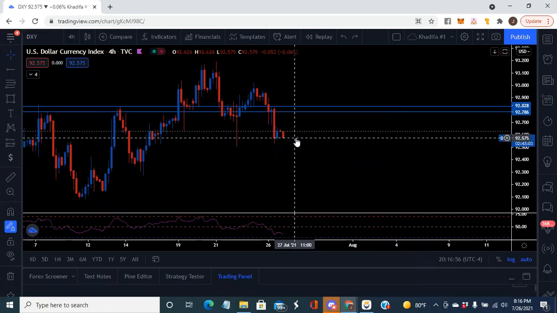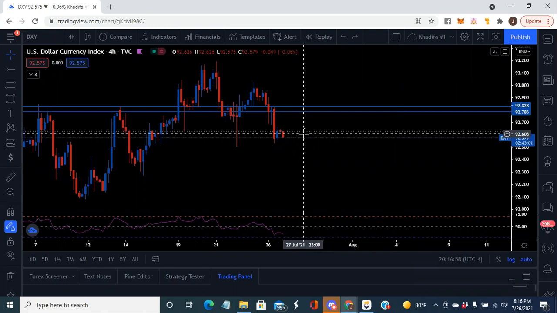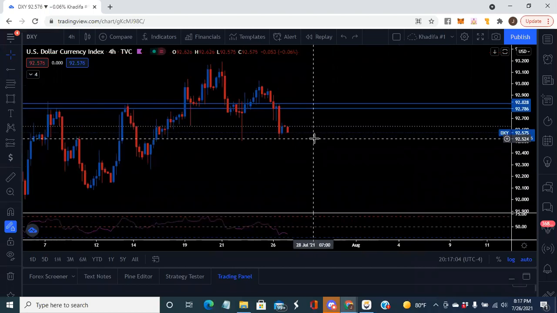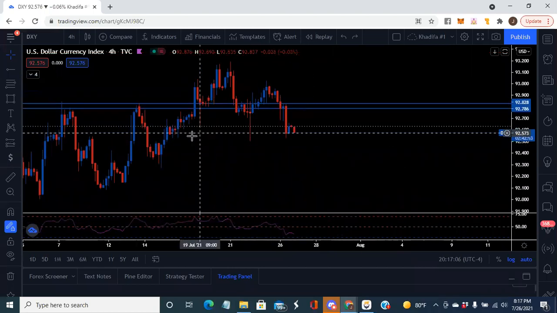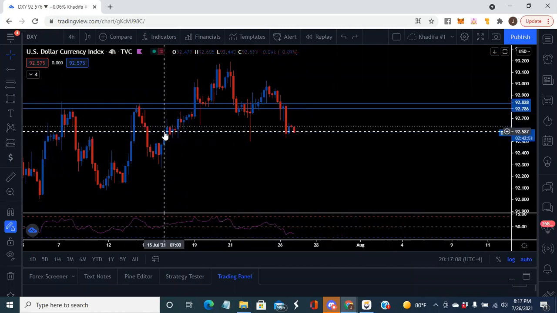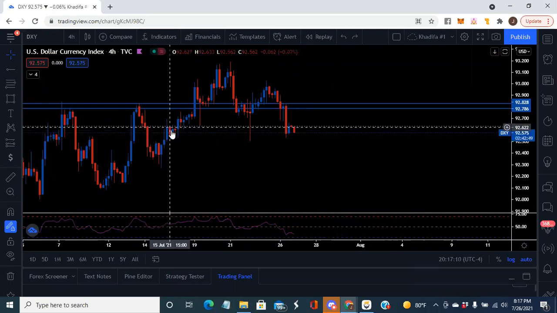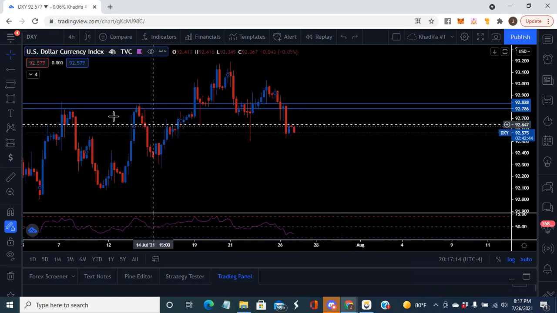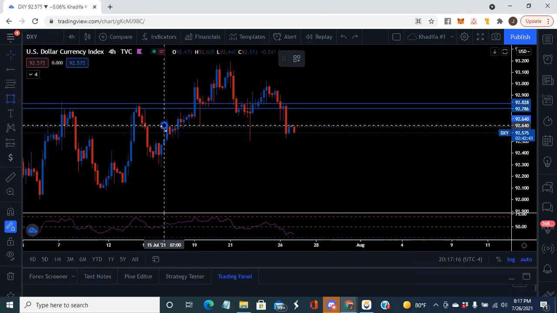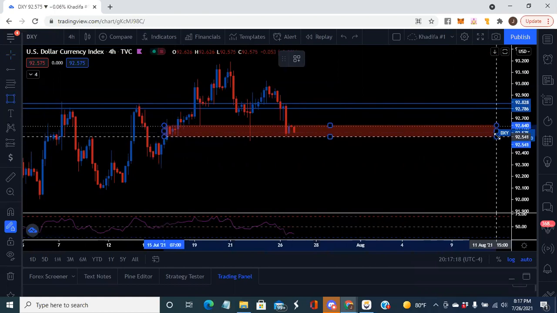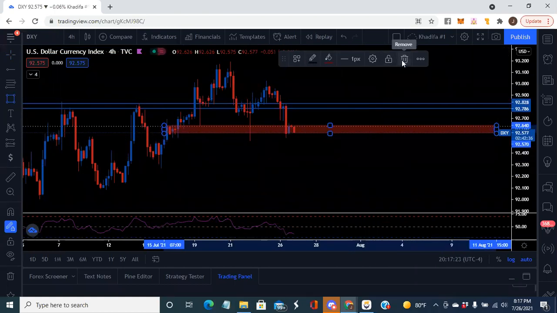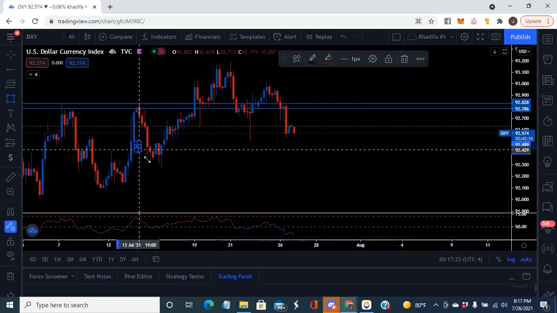However, we don't predict the markets, we roll with the market. So of course we gotta wait and see what time and price give us for London open. And we gotta break below these structures here, this structure that we're at now, and this structure here.